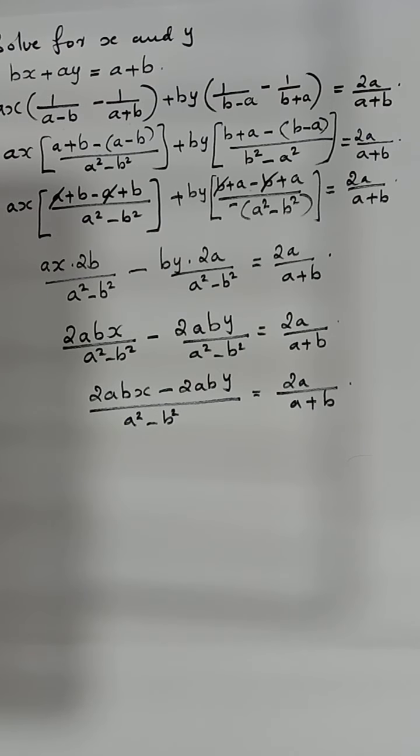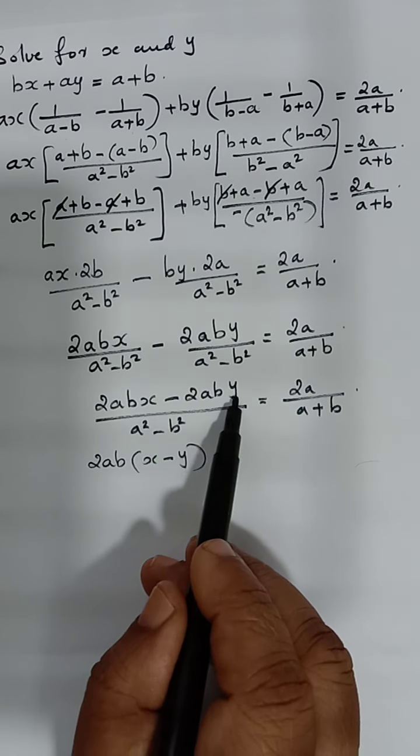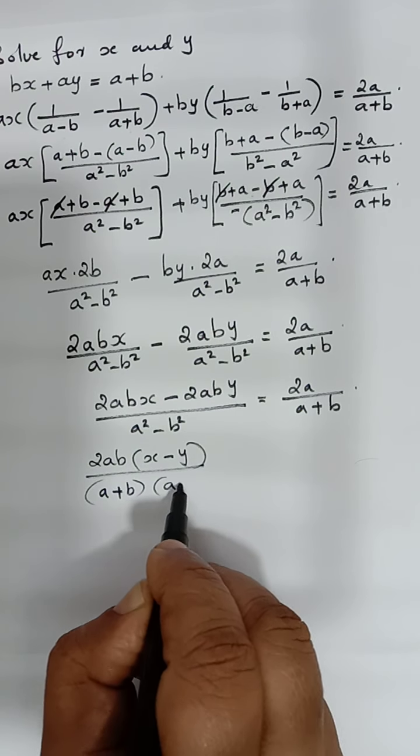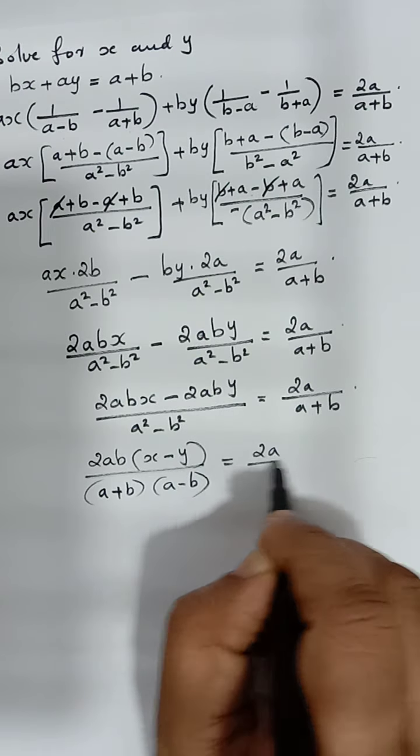a square minus b square we can split. Okay. So 2ab is common. Take out 2ab, into x minus y comes inside the bracket. x minus y, divided by a square minus b square, which is a plus b into a minus b. That's equal to 2a divided by a plus b. Okay. So both a plus b can be cancelled.